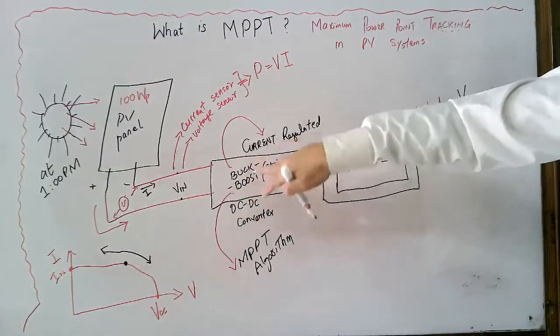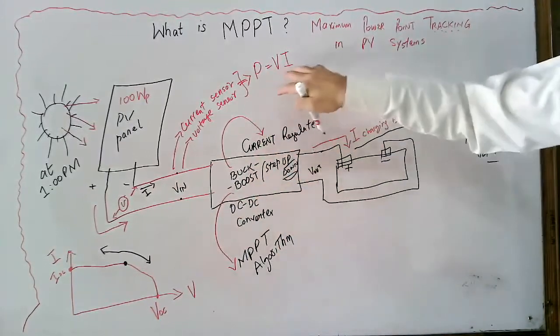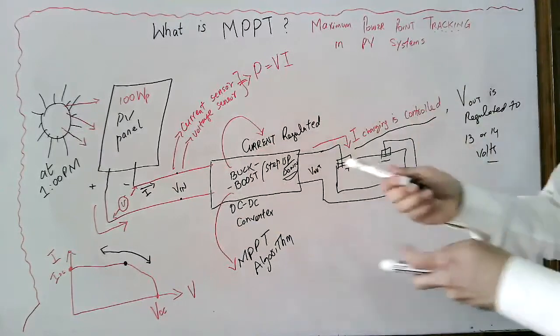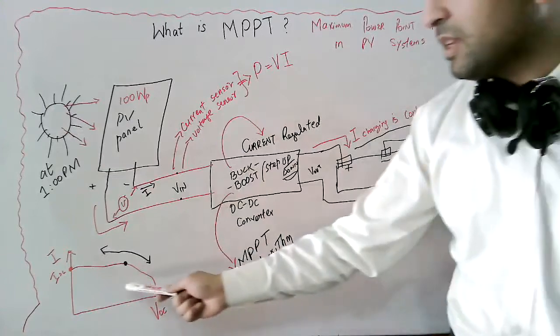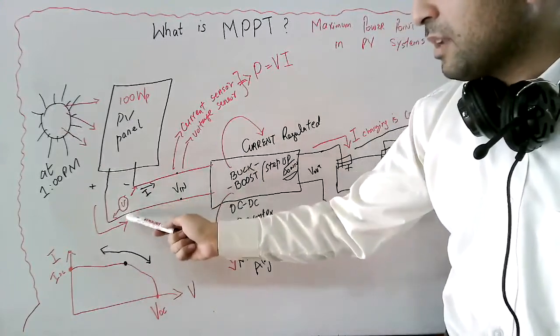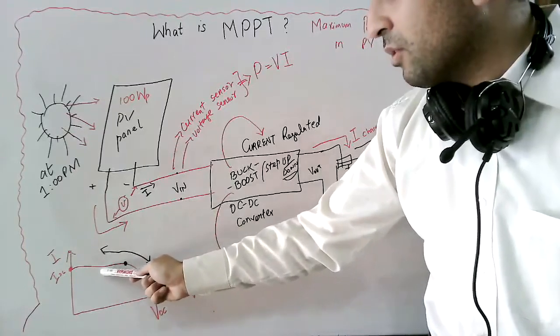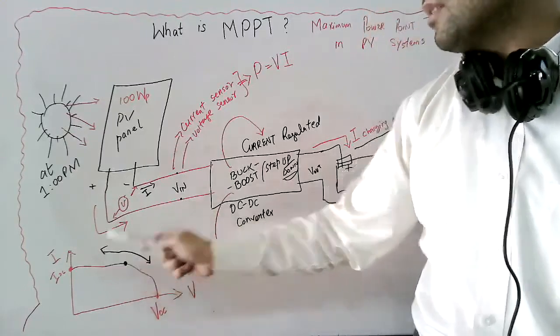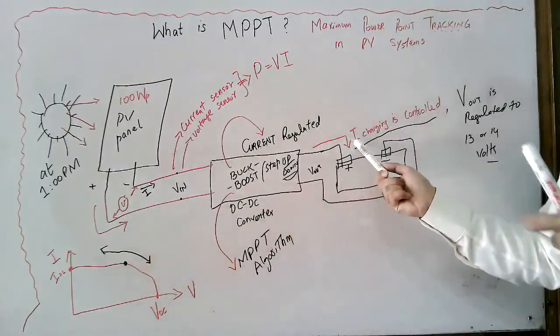There is a built-in microprocessor which compares the value of the power. Let's say it is first increasing the charging current, it means that the voltage here will decrease and current here will increase. But it will see that the product is less. So it will start decreasing this charging current.